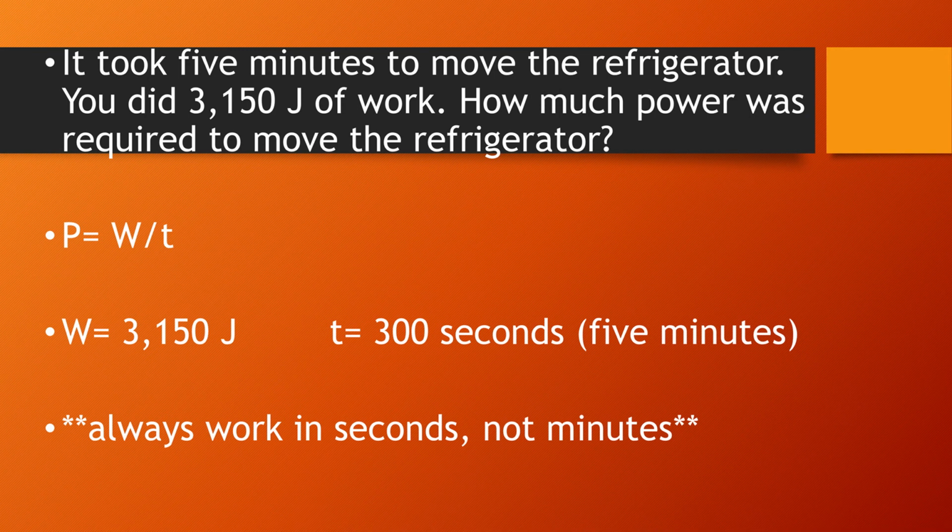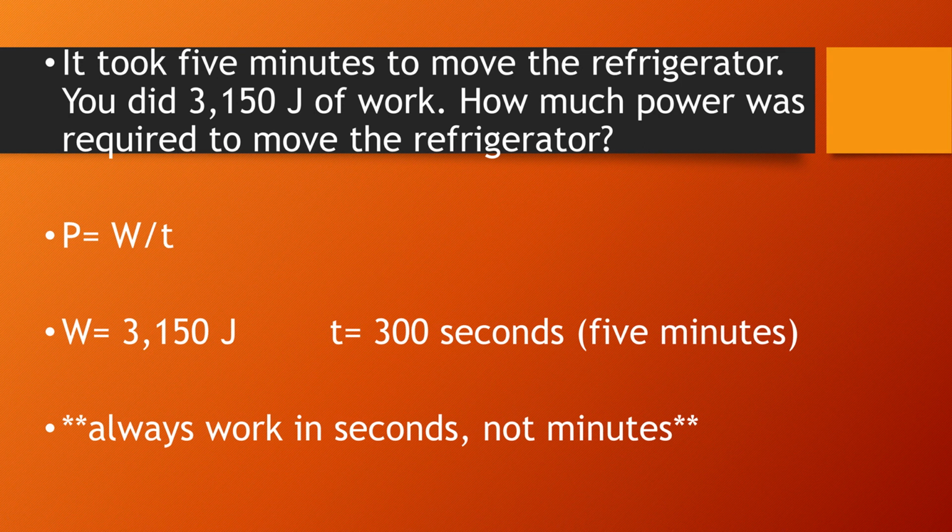So we have our two variables that we need to set up this problem. We know how many joules it took for us to do this work, 3,150, and it took 5 minutes. Remember I said that time has to be in seconds.